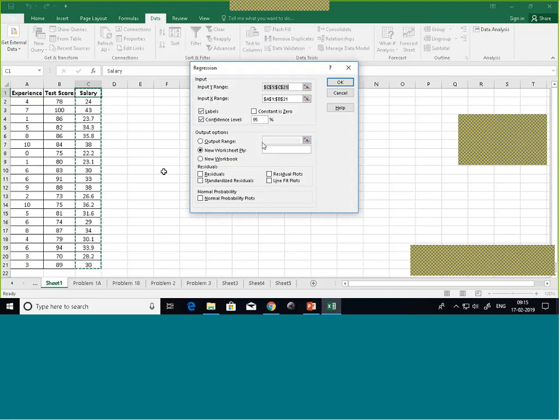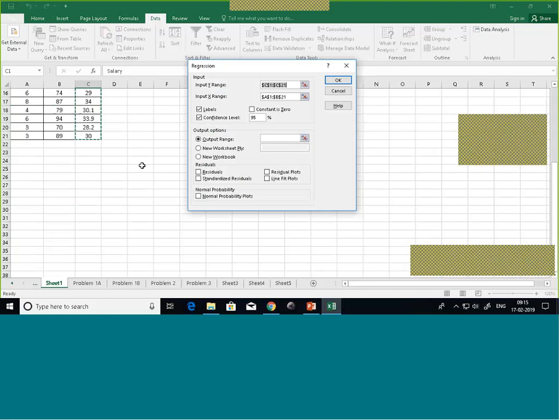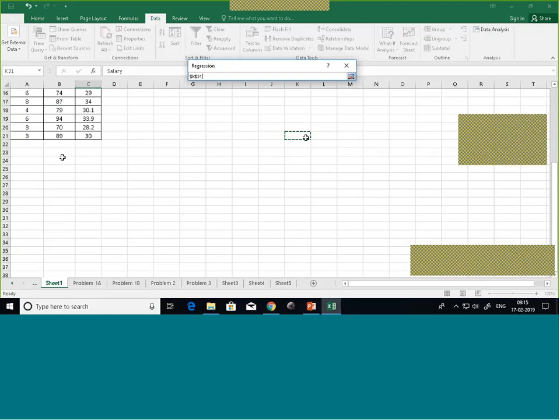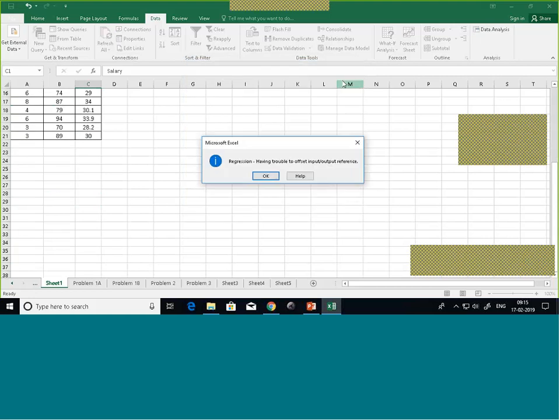Then output range means where you want the output. I'm giving the output range at the 24th line. After that, I'm just running OK.